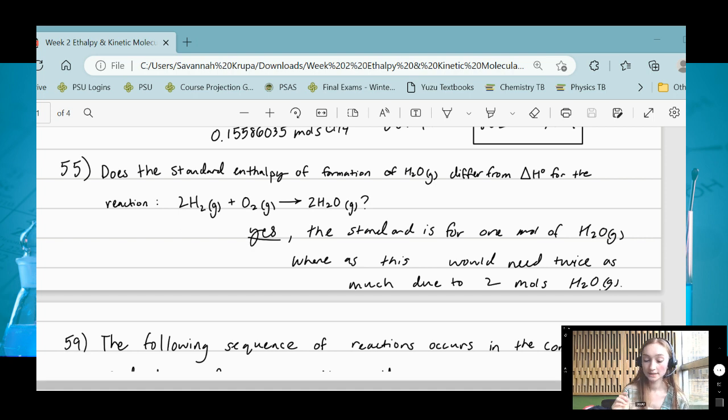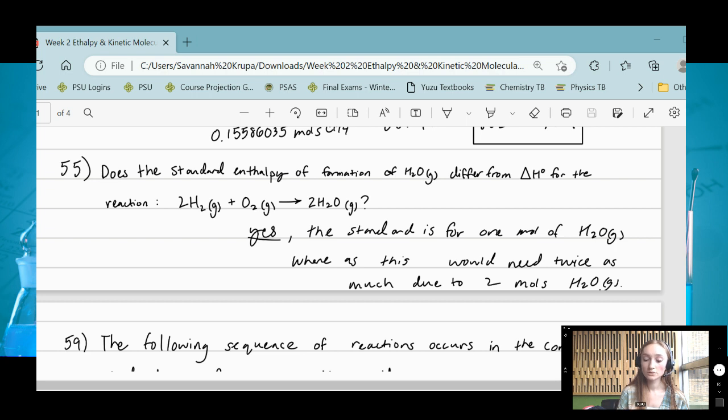The standard enthalpy for hydrogen gas, and it's key to note it said for 1 mole of hydrogen gas, is different from this reaction because we have 2 hydrogen gases related. We have 2 moles of it.